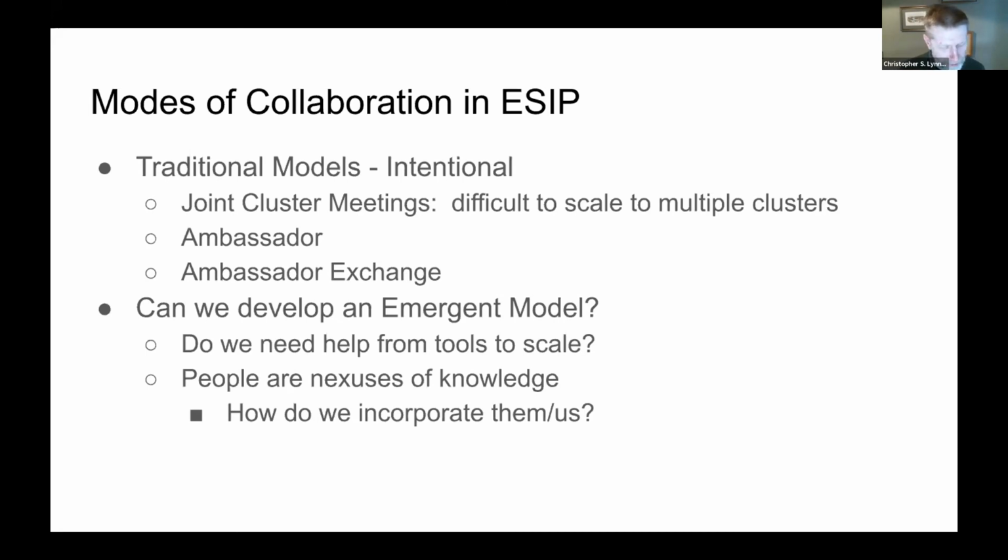Is there a way for us to marry that sort of tool-based social interaction with the real life social-based interaction, as well as putting now people into these tools, not in a creepy Neuromancer sort of way, but putting essentially avatars of the people in those tools so that we can use them as well to connect all these things together? Because people are nexuses of knowledge every bit as much as you find a nexus in a graph in a database.